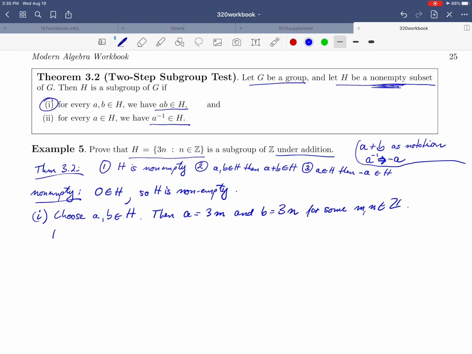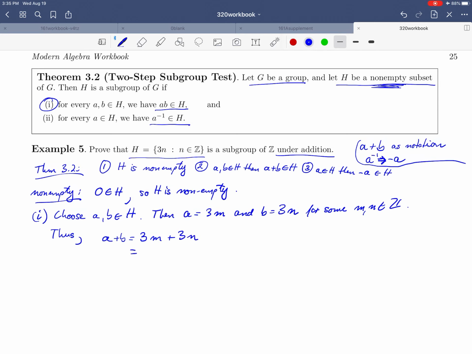Then what do we do with them? Well, we got to add them. We have to show that the sum of those two things is also in H. So a plus b is 3m plus 3n.